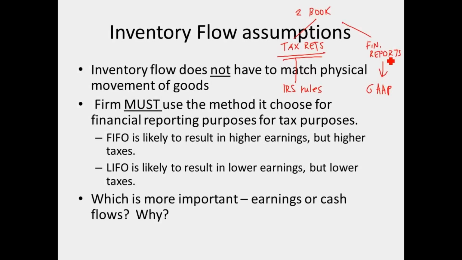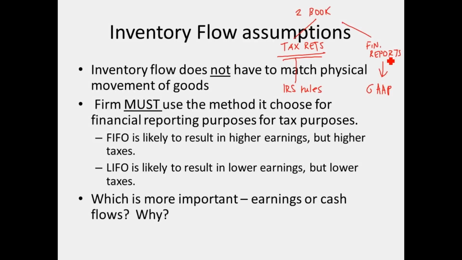But in accounting, the one rule with respect to taxes and inventory is, if you choose FIFO for your financial reporting purposes, you must choose FIFO for your tax purposes. And if you choose LIFO for financial reporting purposes, you must choose LIFO for tax purposes. So there has to be a consistency between your accounting choice and your tax choice. And that is not true in almost all other cases.